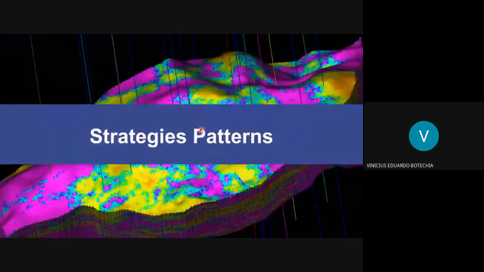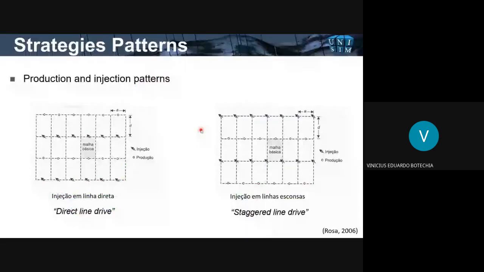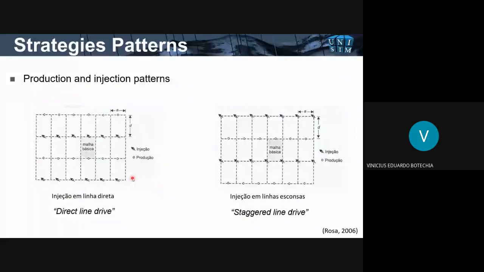Here, talking fast about some classic strategies. This is direct line drive, which means aligning, for instance, a line of injectors, a line of producers, another line of injectors, another line of producers.